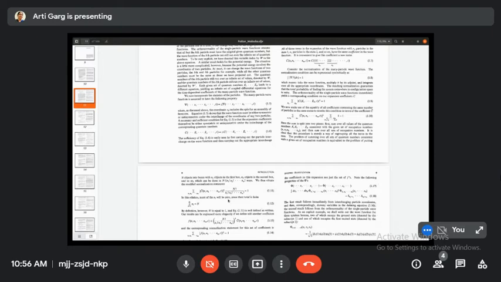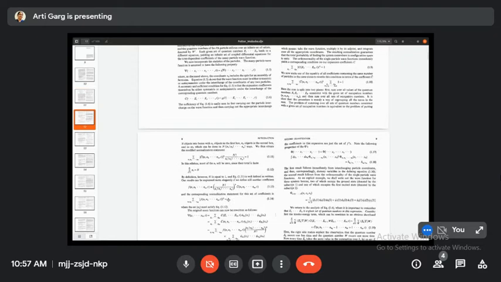You understand? Yes, ma'am. Because I'm just saying that three bosons are there in the first level and the fourth boson is in the third level, say. But which boson is in the first level and which boson is in the third level, that I'm not telling you. So that is why these permutations are there.